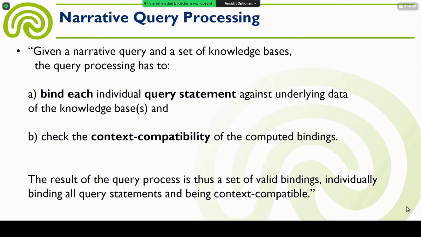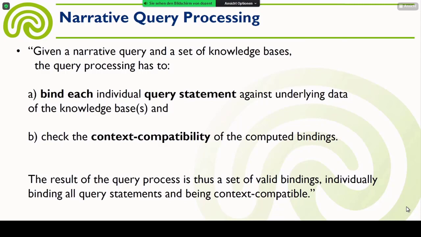If we think about narrative information, where actors participate in a small context, a person is vaccinated, a data set is investigated with this method, this spans some context. And if we combine information, then we should check the context compatibility. So for our example, it is important to only recommend conditions that may apply to her case, so to her age, for example.